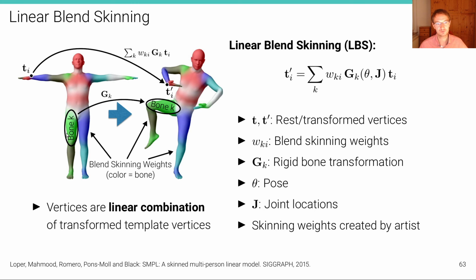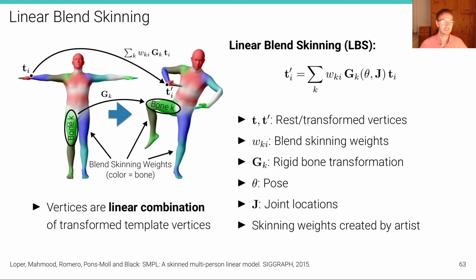And this green bone here, which is encircled by this ellipse, is transformed using a rigid body transformation to that green bone here, which is the same bone, right? This is the k-th bone. We call that rigid transformation G_k. So any point that lies on the surface of that bone should be transformed according to that bone transformation G_k. So we simply transform that point by multiplying t_i with G_k.